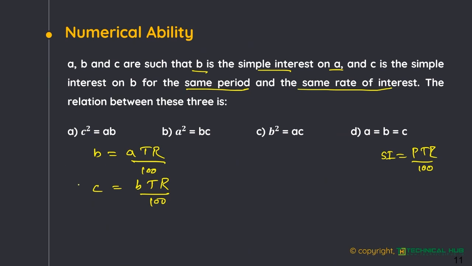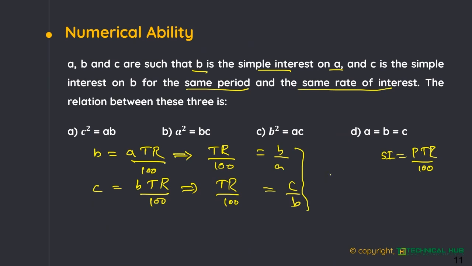For the same time period and same rate of interest, in both the cases, time period and rate of interest are both the same. Now, from this, it is very clear that TR by 100 is equal to B by A. And from this, TR by 100 is equal to C by B. These two are equal, right? Equate these two, what will you get? B by A is equal to C by B. Do the cross multiplication.